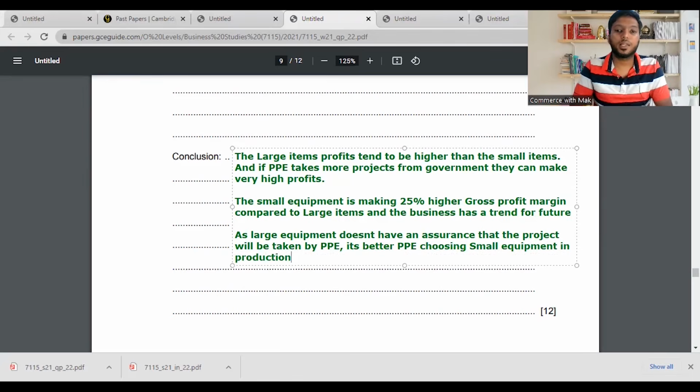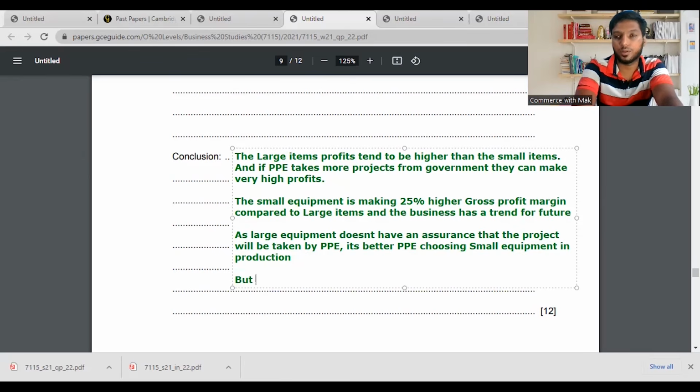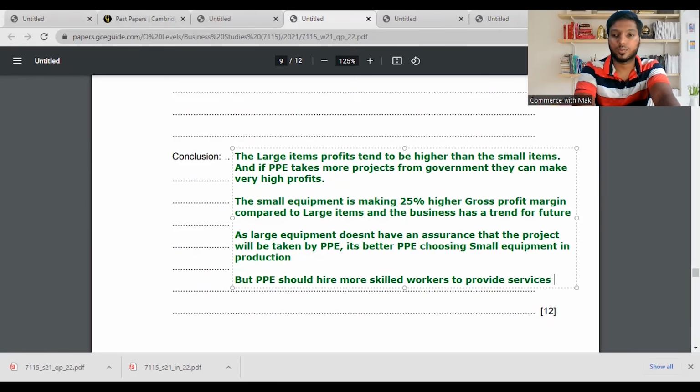And also you can say that as large equipment doesn't have an assurance that the project will be taken by PPE, it's better PPE choosing small equipment in production. But what is the next thing you will need to write? But small PPE should hire more skilled workers to provide services to its customers.